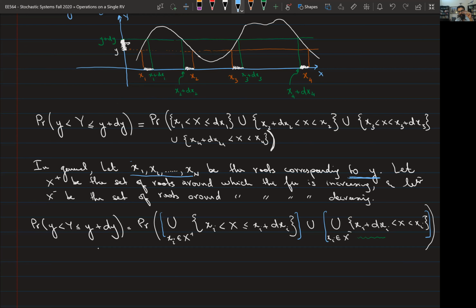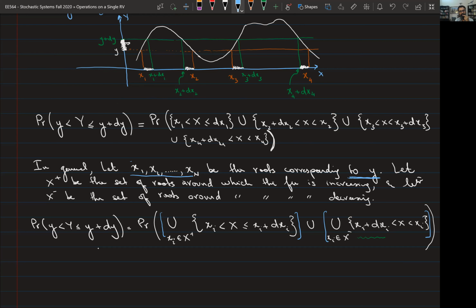And that's all we're doing. We're exhausting all of those intervals on the x-axis that could have resulted in y being in this interval on the y-axis. You get the point?